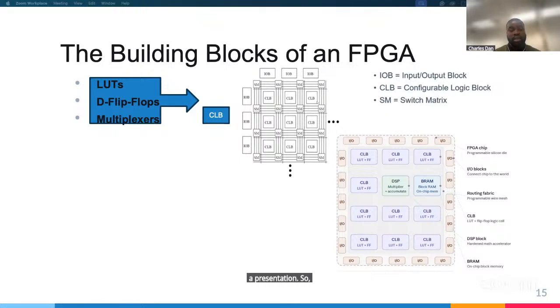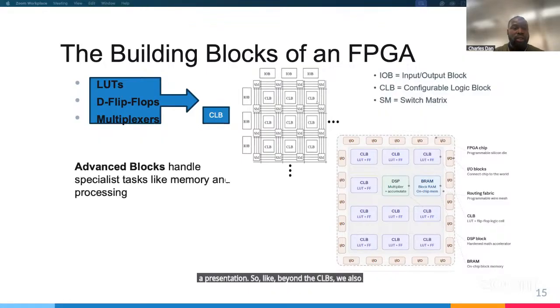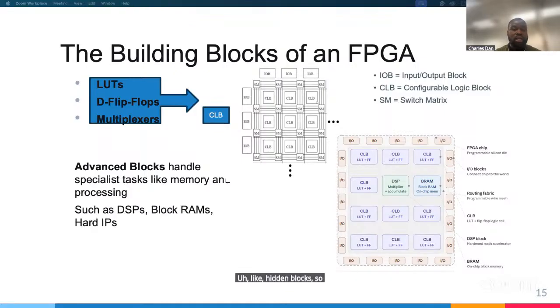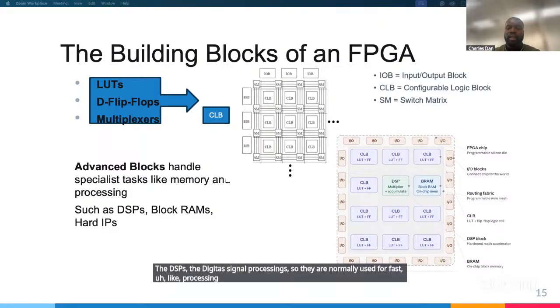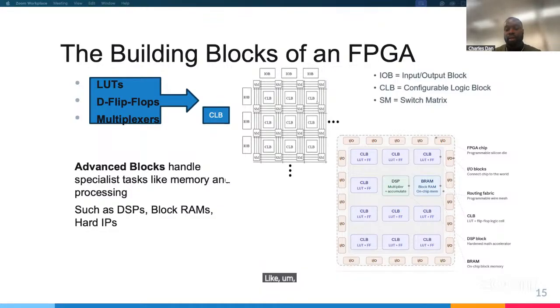Beyond the CLBs, we also have some advanced hardened blocks. These can be the DSPs, the digital signal processing blocks. They are normally used for fast arithmetic or math operations.